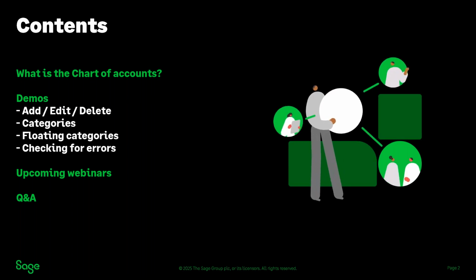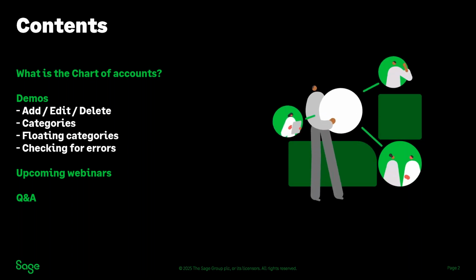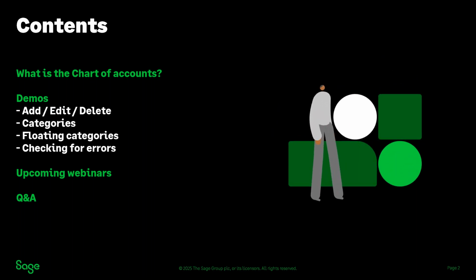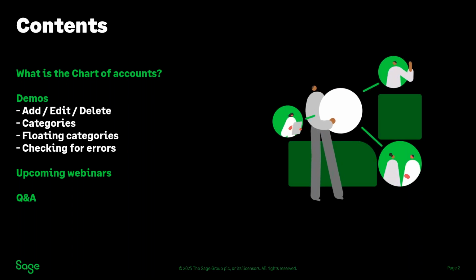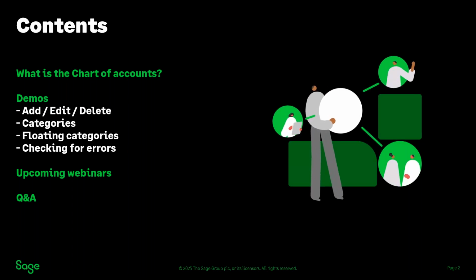And then we're going to talk about floating categories. And then finally, just checking for errors in your chart of accounts as well. So making sure that you've got a complete chart of accounts, that all your nominal codes are included on your reports, and also when you do any year-end processes. And after that, we'll talk about some upcoming webinars. So we do already have our next badge available. We're doing a repeat of VAT proficiency. I'll give you more information on that towards the end of the session.